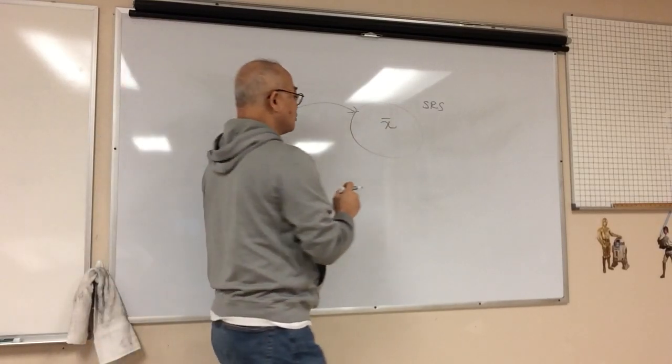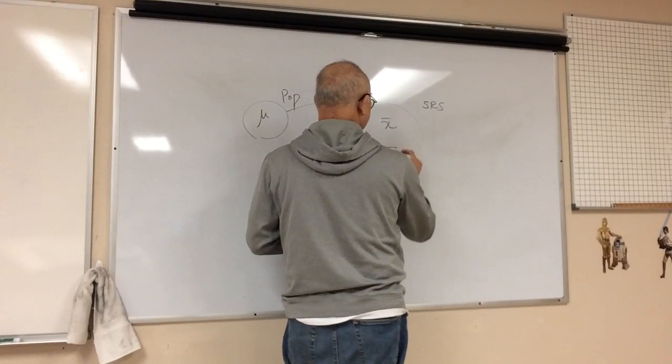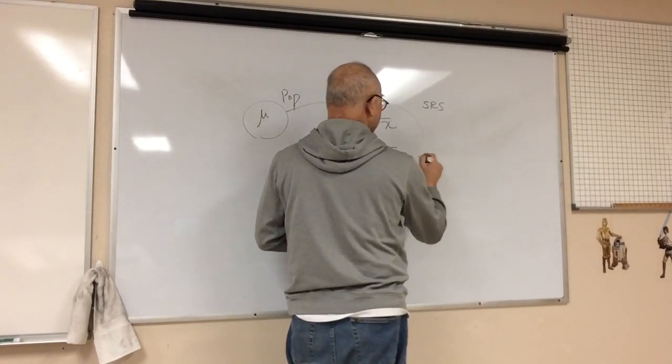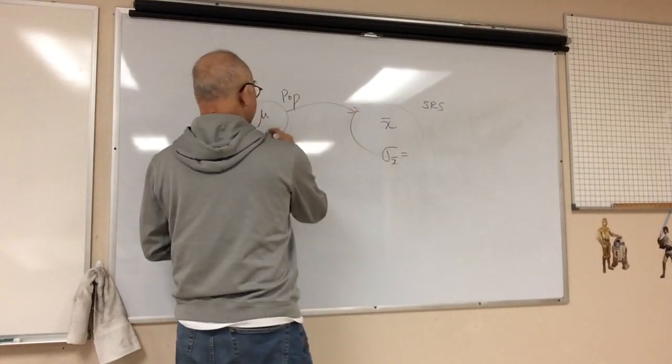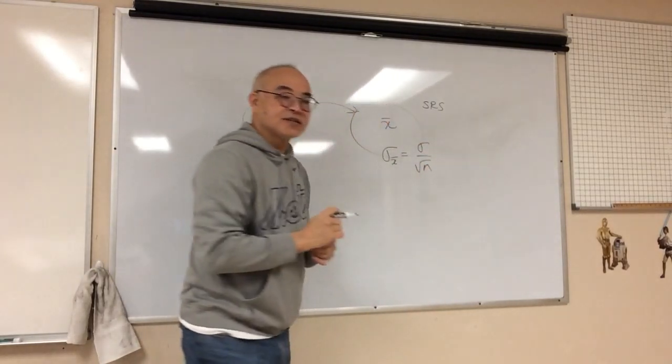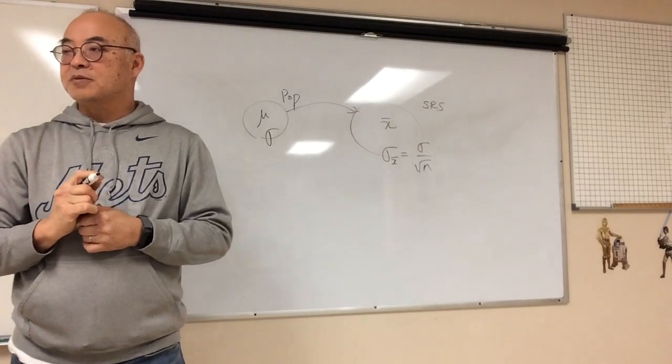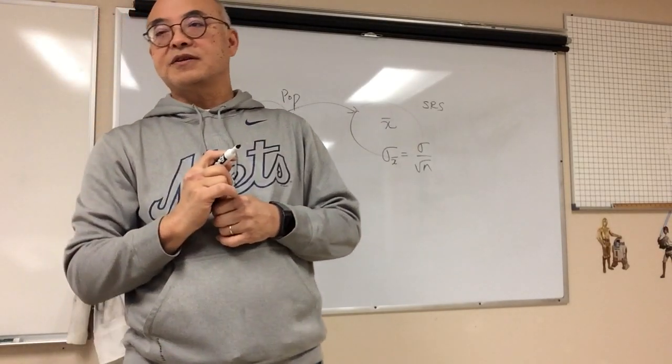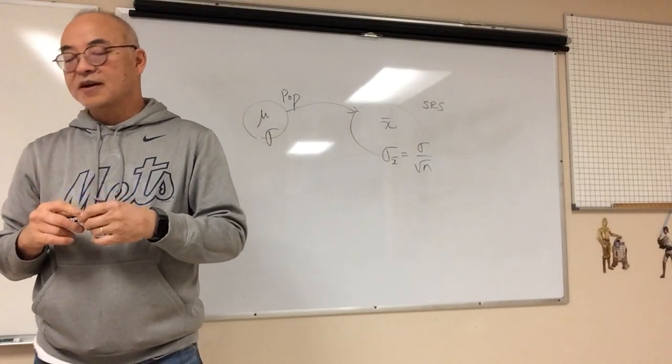We also learned that this guy is equal to this, but there were some conditions that had to be met. What were they?